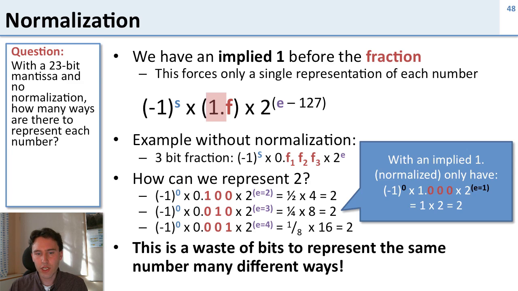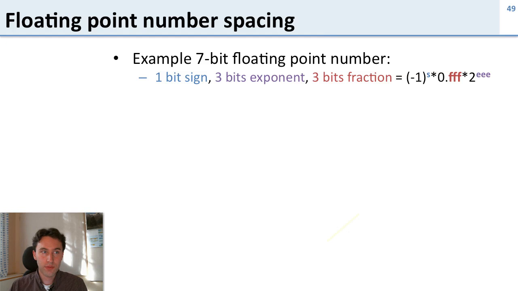How many ways could I shift the value 2 here and still have 2 if I have a 23-bit mantissa? Well, the answer is 23. If I have 23 bits of my mantissa, I could shift it over 23 places and still get the number 2. So that's a real waste of how we store numbers. That's why we use normalized numbers, to force us to only have one representation.